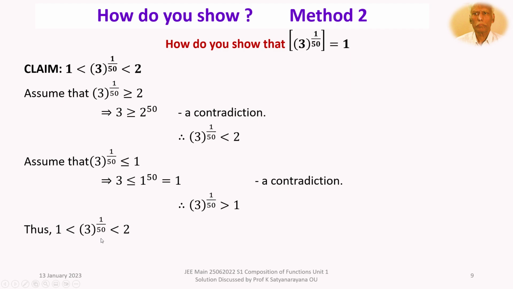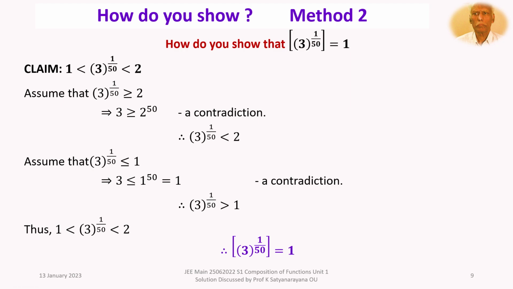Therefore, the greatest integer less than or equal to 3 power 1 by 50 is 1. That's how you can argue and get this result. So in the examination hall, if you know this kind of arguments, that will be helpful.